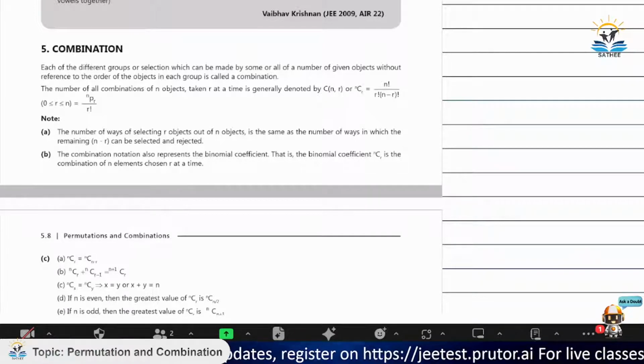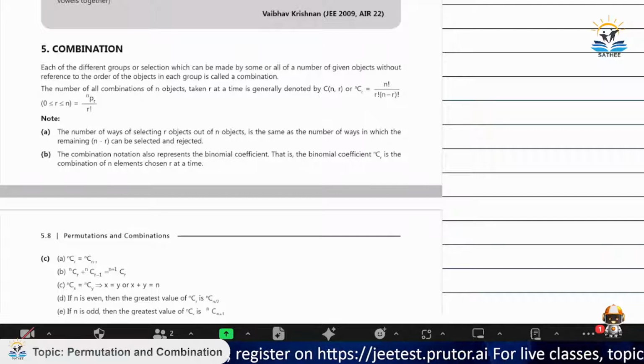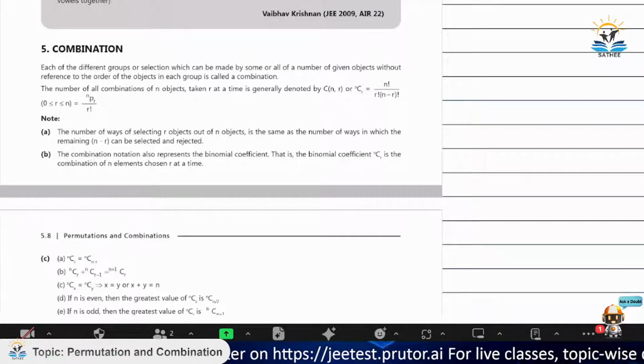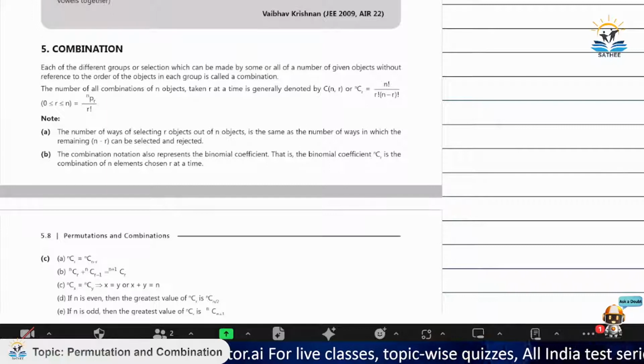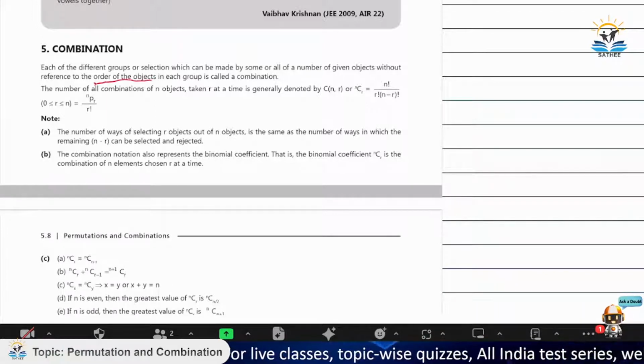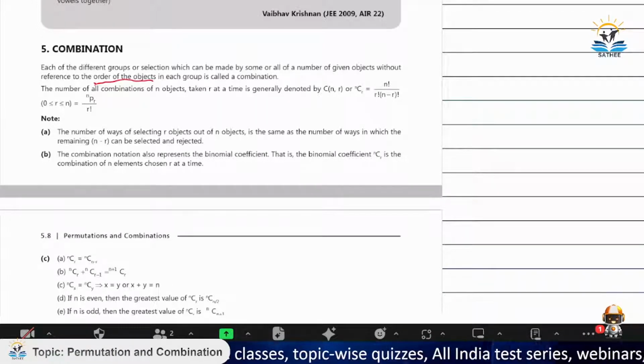Each of the different groups or selections which can be made by some or all of a number of given objects without reference to the order of the objects. This is very important to understand, that the order has no value here. There is no importance that we give to the order.